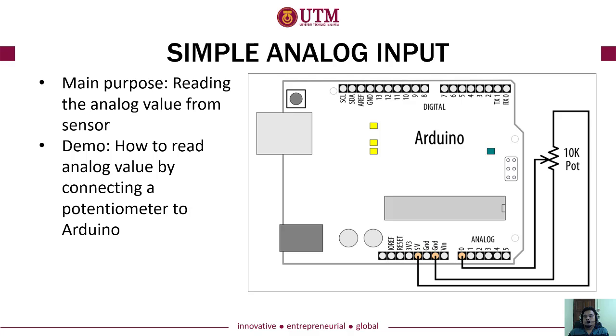We will use a potentiometer. Just remember that if you want to use analog input on the Arduino, you need to use the special ports here, which are A0 until A5.